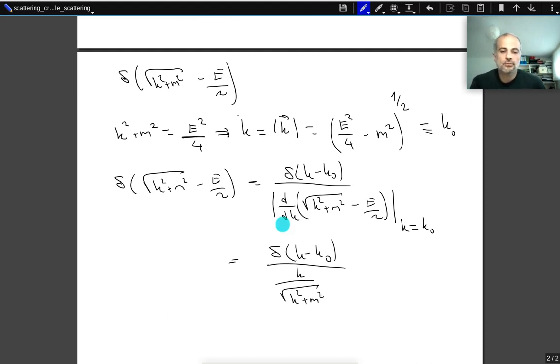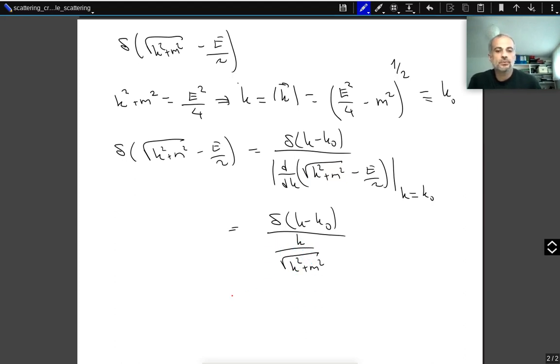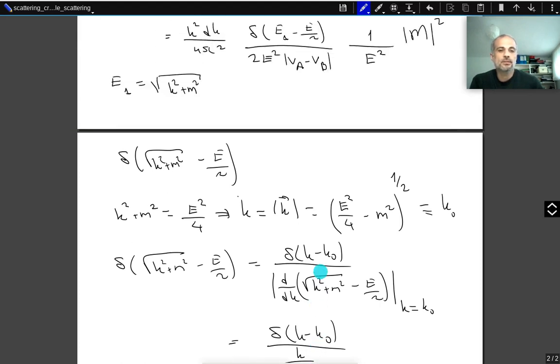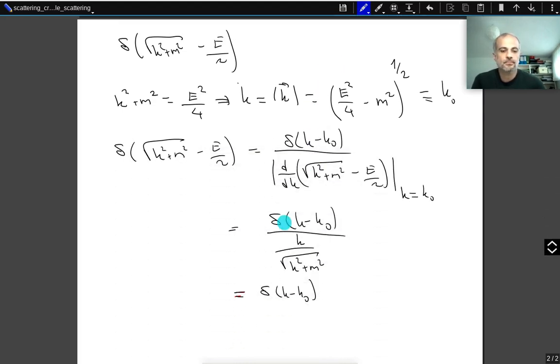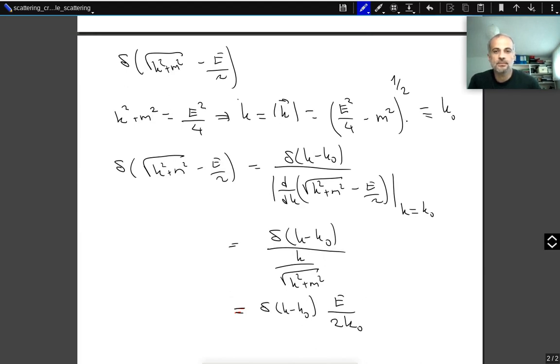I don't write the absolute value because this is already a positive quantity. So this is equal to Dirac delta k minus k0. Well, k squared plus m squared over here is already the E of k or E1, and E1 is, thanks to this Dirac delta, just E over 2. So this is E over 2k, k0, and k0 is given over here, is this number over here.